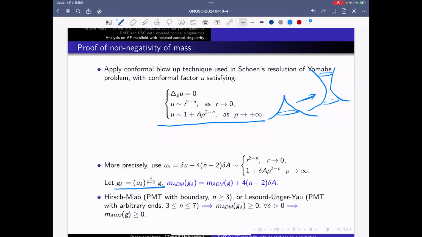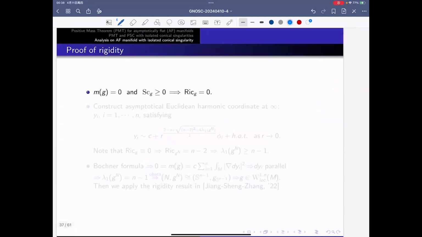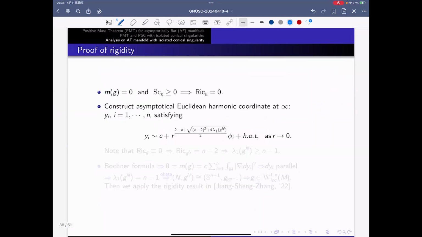And for the rigidity, we first get Ricci flat. This is similar to the classical case, and then we construct an asymptotically Euclidean harmonic coordinate.